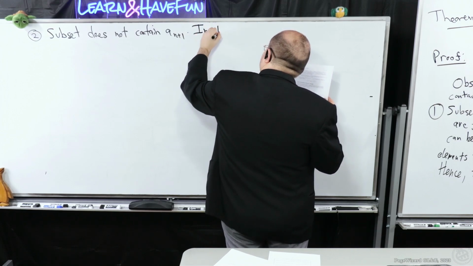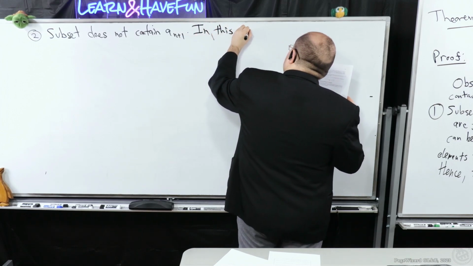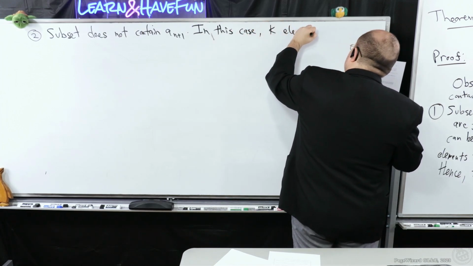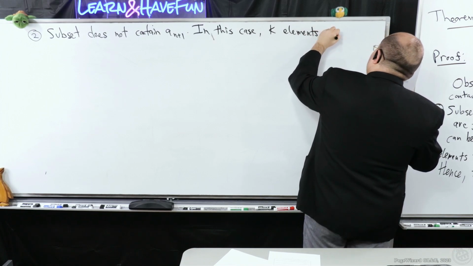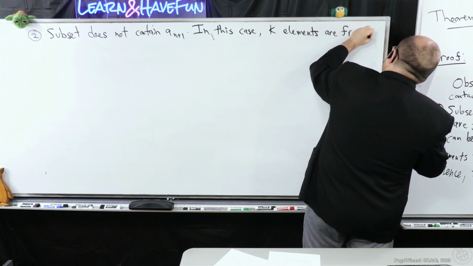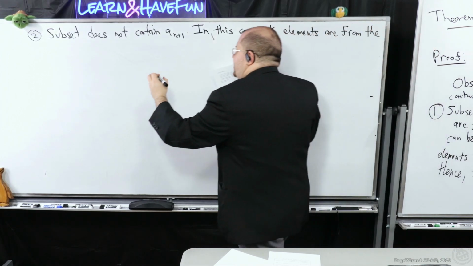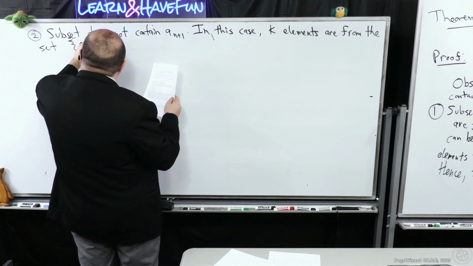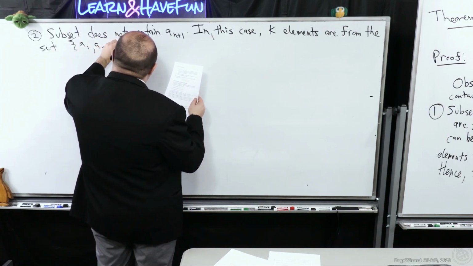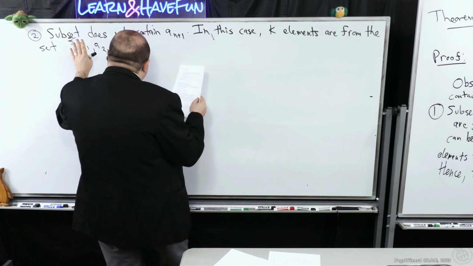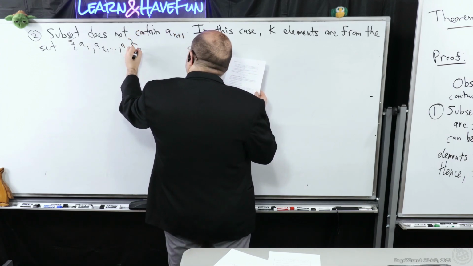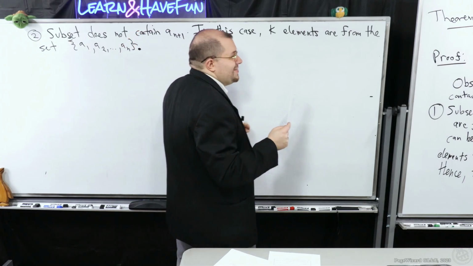So in this case, k elements are from the set A1, A2, all the way up to AN, right? Because it doesn't contain AN plus 1. So how many of those are there? Well, I'll give you a hint.